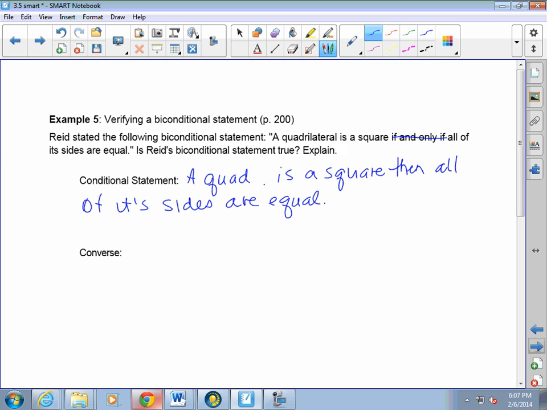So the converse of that statement would be, if a quadrilateral is a square, then all of its sides are equal. So the converse then would be if all of the sides of a quadrilateral are equal, then it is a square.